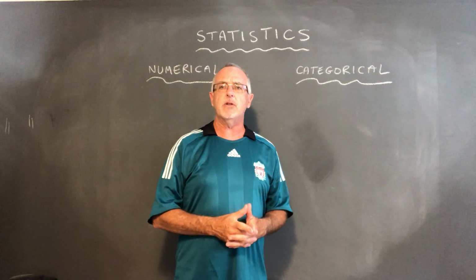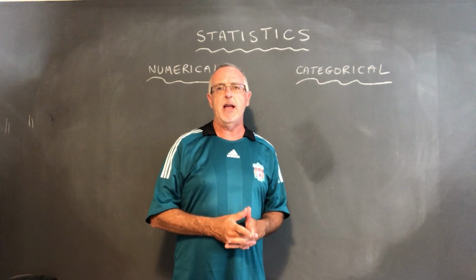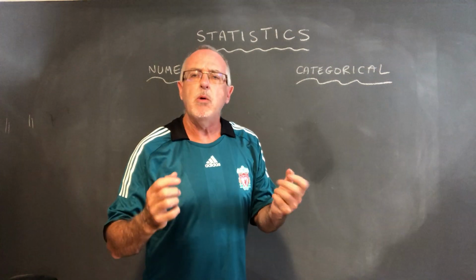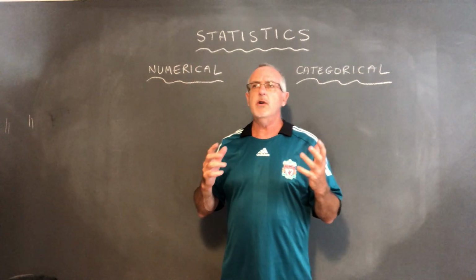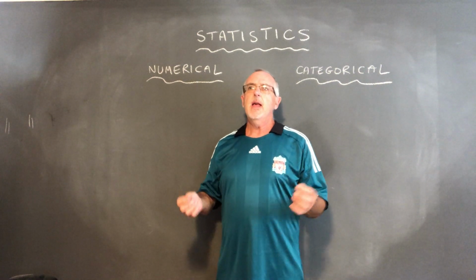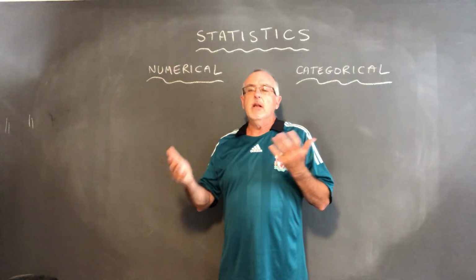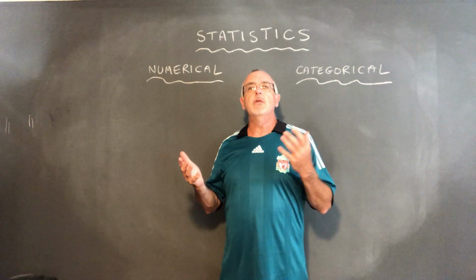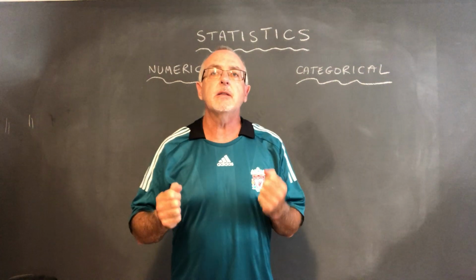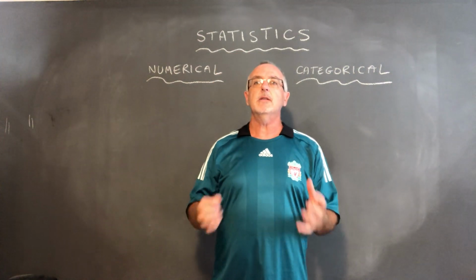You can't find the average of red, red, red, blue, blue, green, red. So that's one of the basic concepts that we want to get into when we learn to look at the data that we're collecting or that we're studying and realize whether it's categorical or numerical. And then we treat the data differently. It's still data, it's still useful, even if it is not numerical.